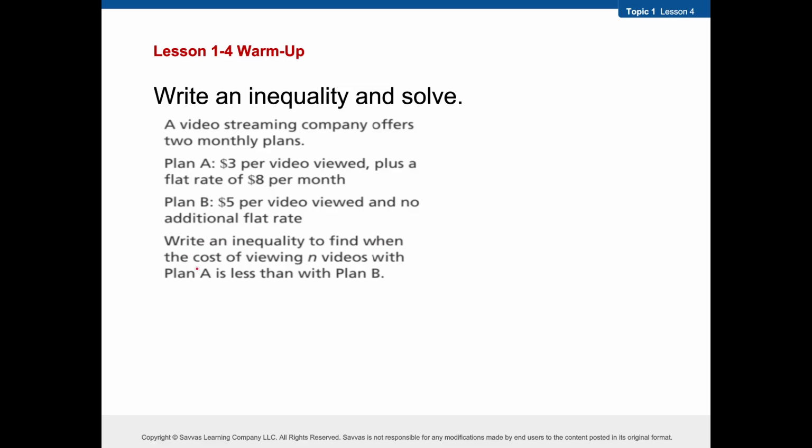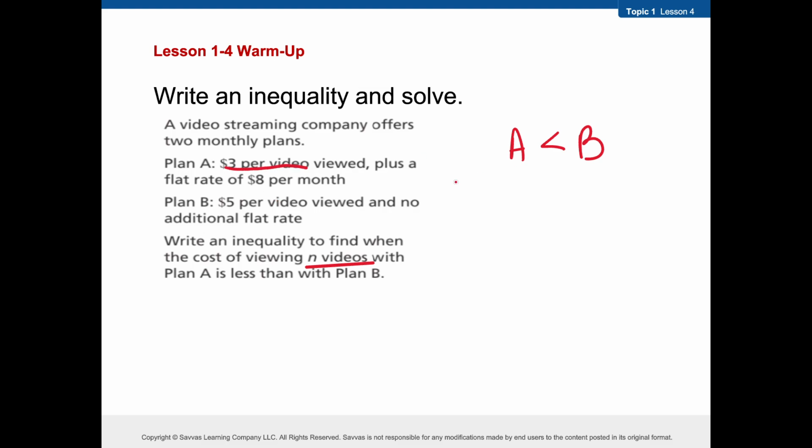This was a warm-up. A video streaming company offers 2 monthly plans. Plan A, $3 per video viewed, plus a flat rate of $8 per month. Plan B, $5 per video, and no additional rate. Write an inequality for when Plan A is less than Plan B. And N for videos.